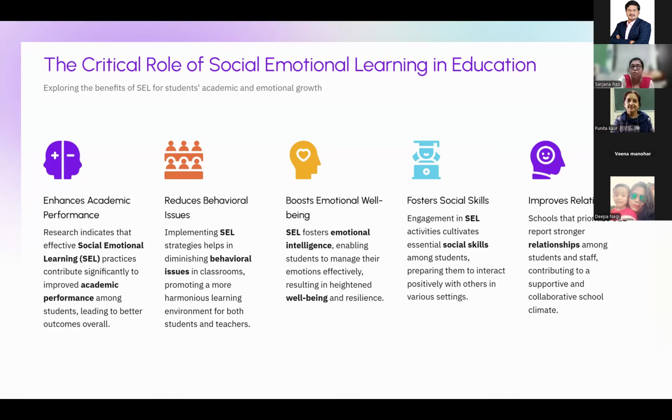It enables students to manage their emotions effectively, results in heightened well-being and resilience, as well as fostering social skills. It also engages in activities and cultivates essential social skills among students, preparing them to interact positively with others in various settings.